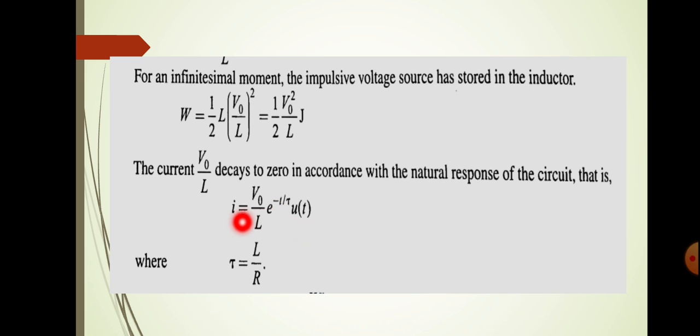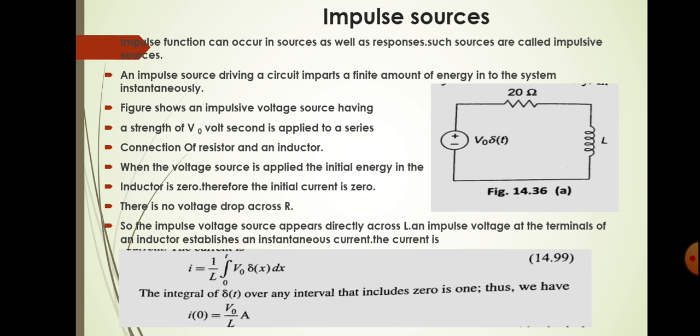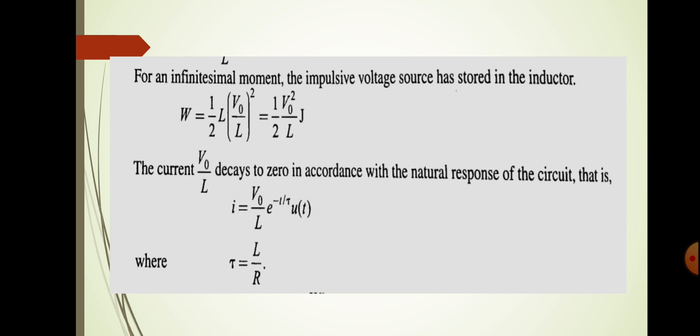The current will decay exponentially to 0. So when we apply an impulsive input to a series RL circuit, the current decays by the equation I equal to V0 by L into e raised to minus t by tau into u of t. Here tau equal to L by R, that is the time constant.